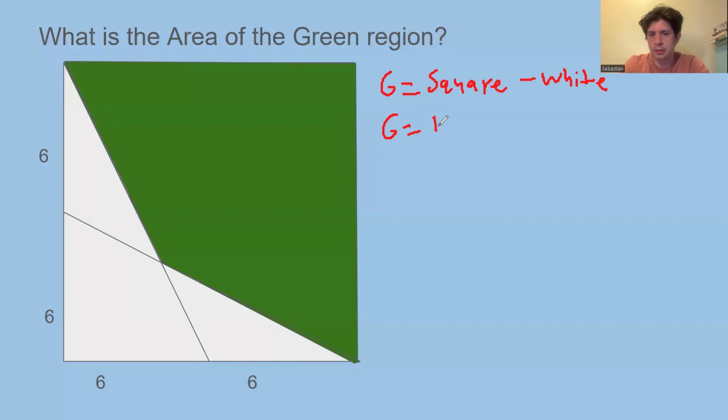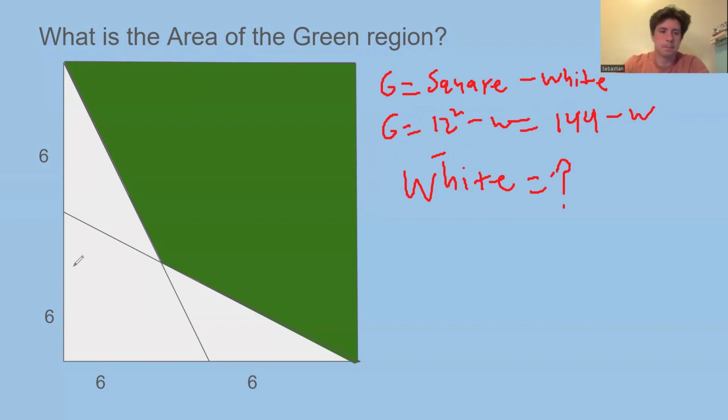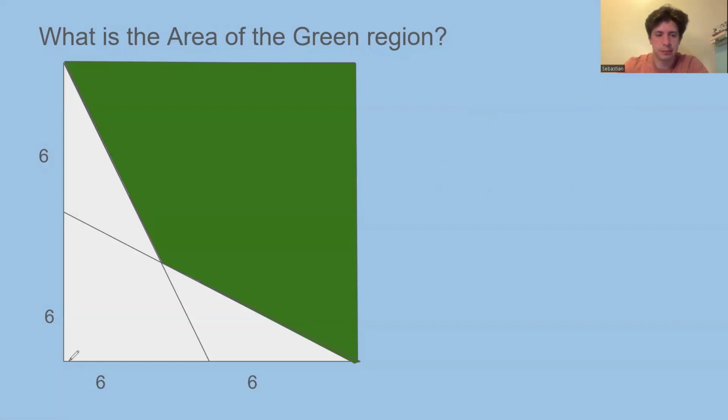So it's going to be 12 squared minus white. So it equals 144 minus white. Okay, so let's find white. White equals question mark. Okay. So let's find that by doing the same strategy we had last time.